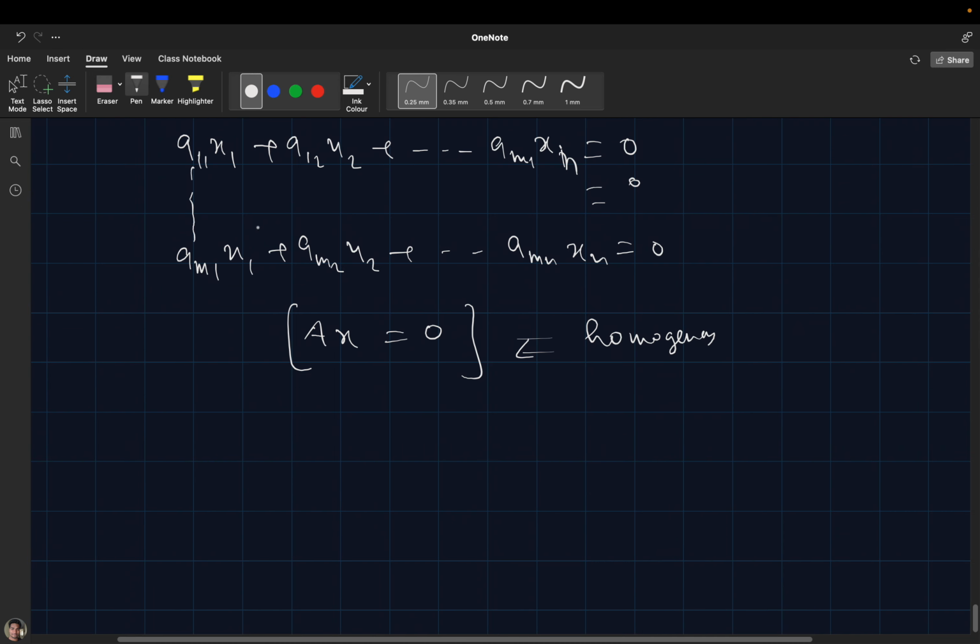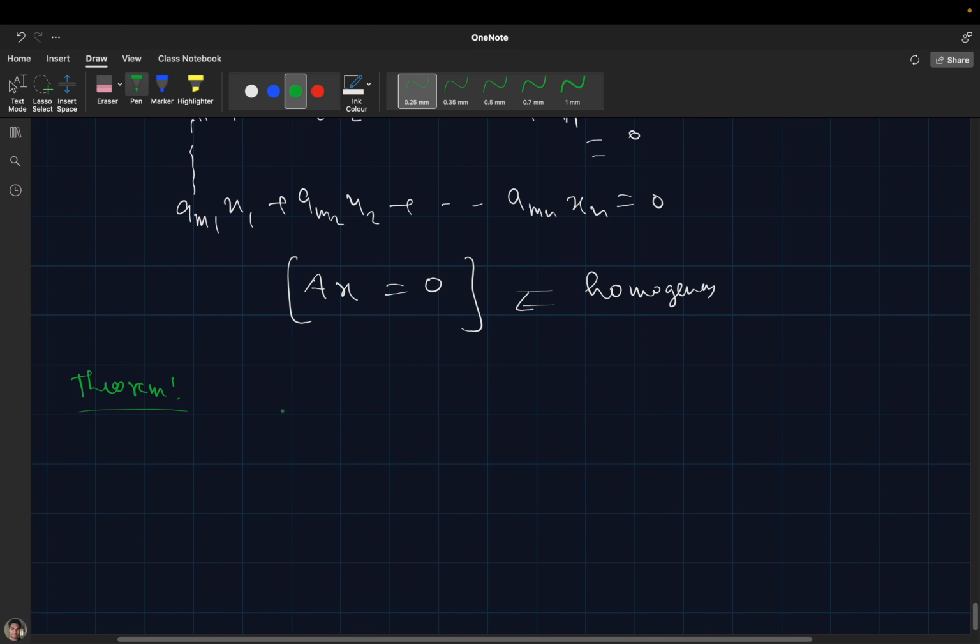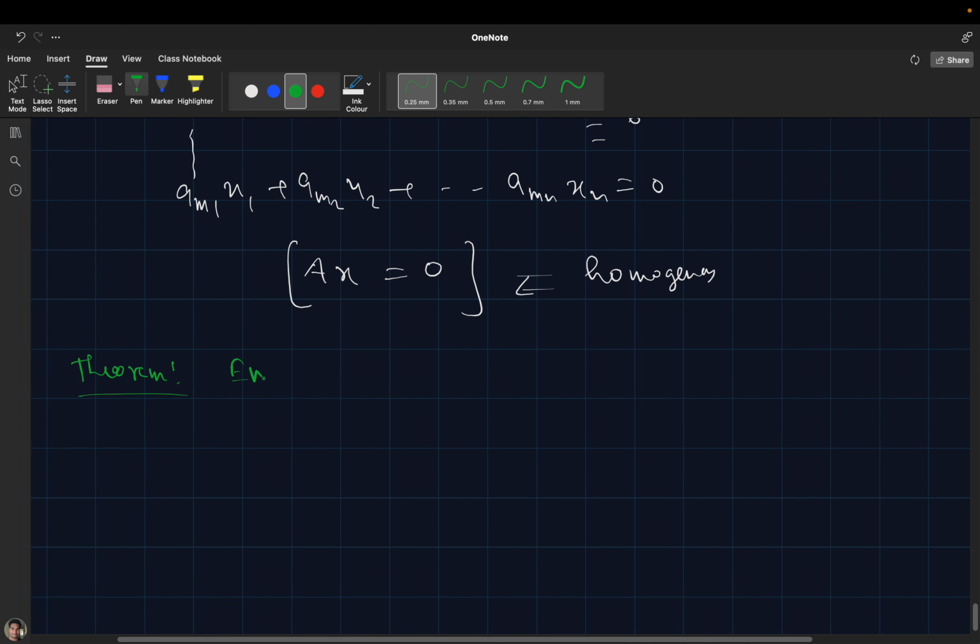Now there is a theorem. Every homogeneous system of linear equations is consistent. Consistent means it will have a solution.